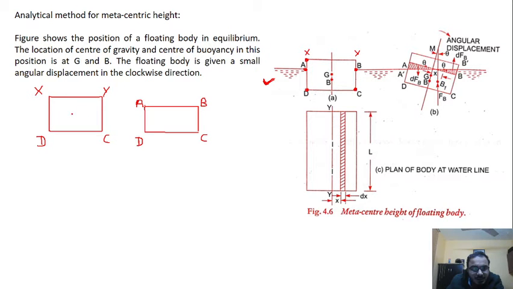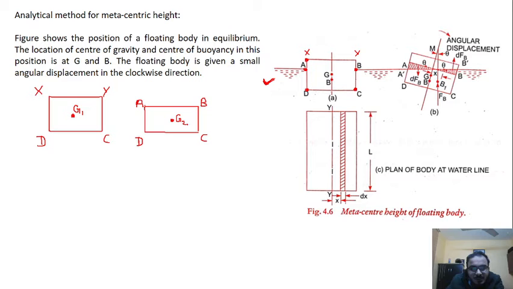So here the center of gravity of this will be, let's say, G1, and this is the portion of the body which is submerged inside. So let's say the center of gravity of this part is G2.